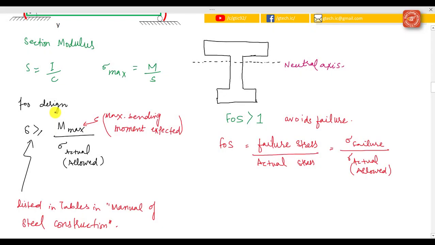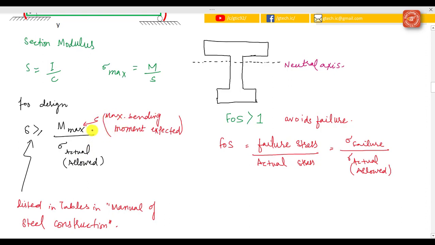And so for design, we want the section modulus of our actual beam to be greater than or equal to the maximum moment that's going to be experienced in our beam over what we determine as our actual or allowed stress, and again the maximum bending moment expected here.